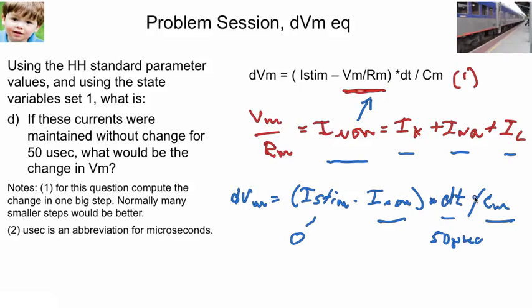Now we're extrapolating them so we have an estimate of Vm at the next moment. In other words, we're finding the change in Vm as it shifts with time. That is a new thing and worth reflecting on.